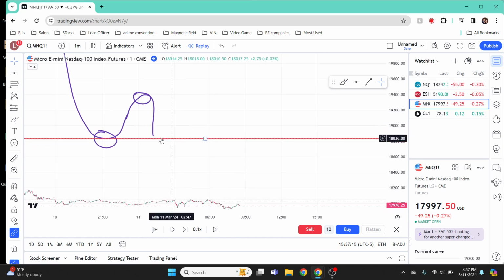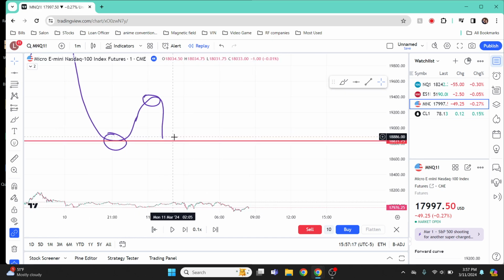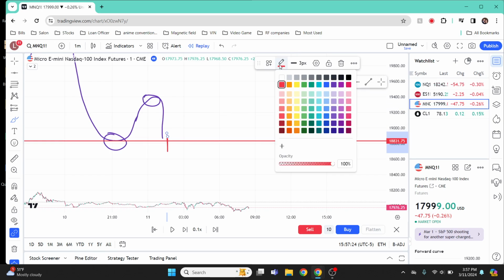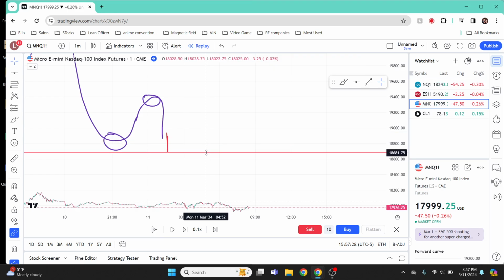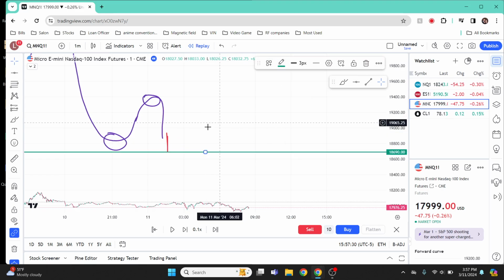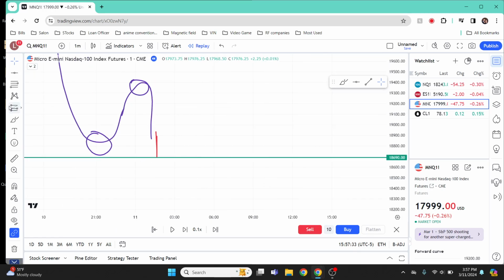So let's see a scenario of a rejection. Let's say it comes down, penetrates, and then bounces back up. Okay. Then we have to move this line down. And then let's say it goes up and then down again, and it bounces again.